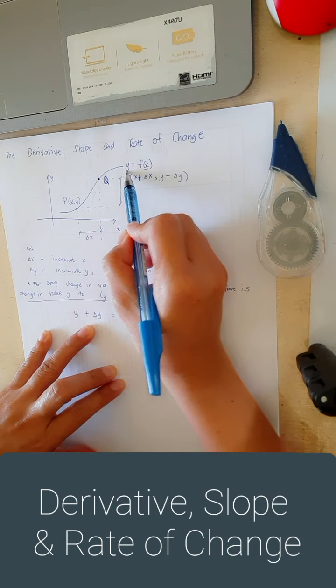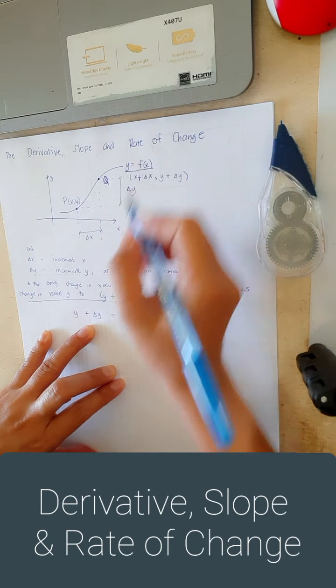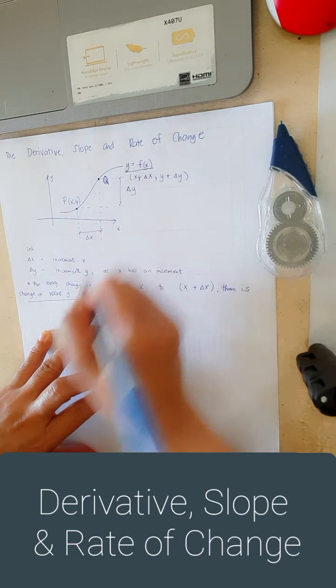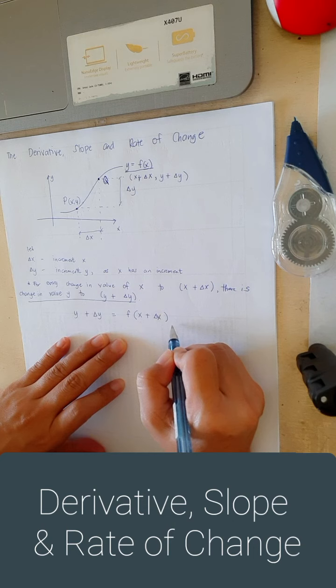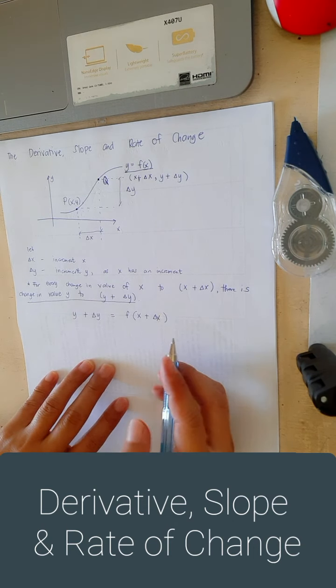So in this function, we just substitute the y value with y plus delta y and the x value with x plus delta x.